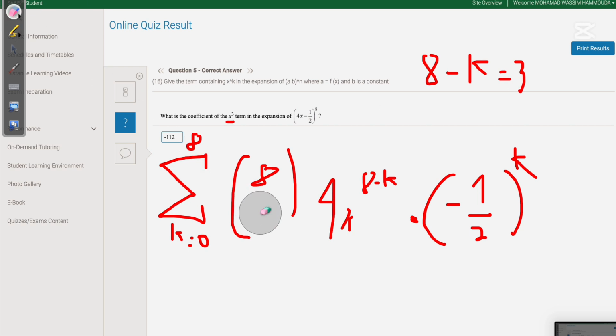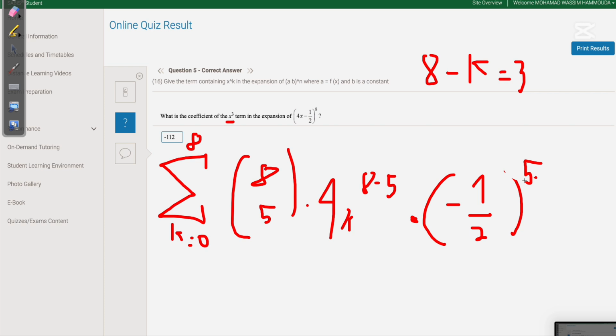So now let's just substitute k with 5. So now 8 C 5 times 4x to the power of 8 minus 5 times negative 1 over 2 to the power of 5.